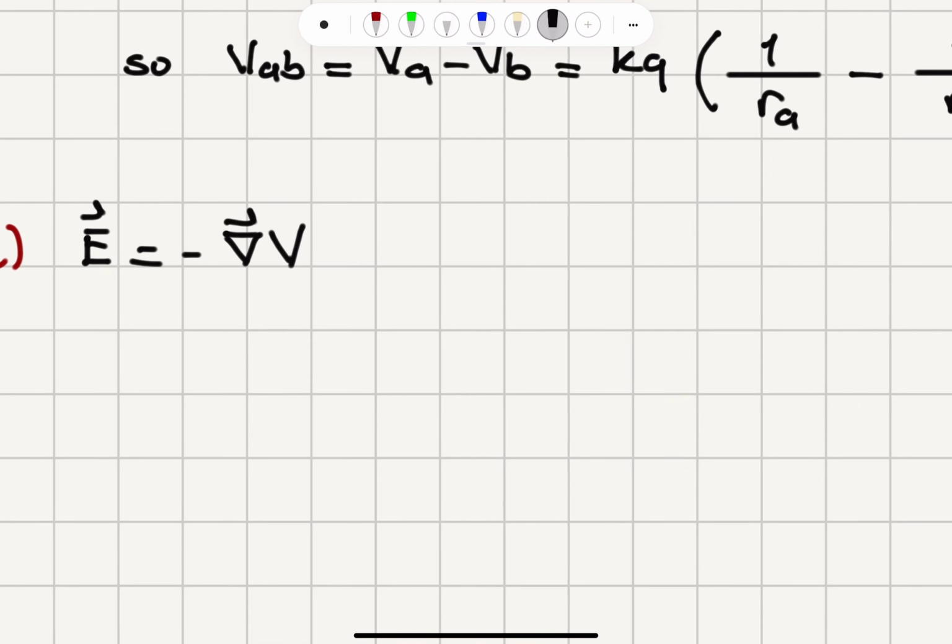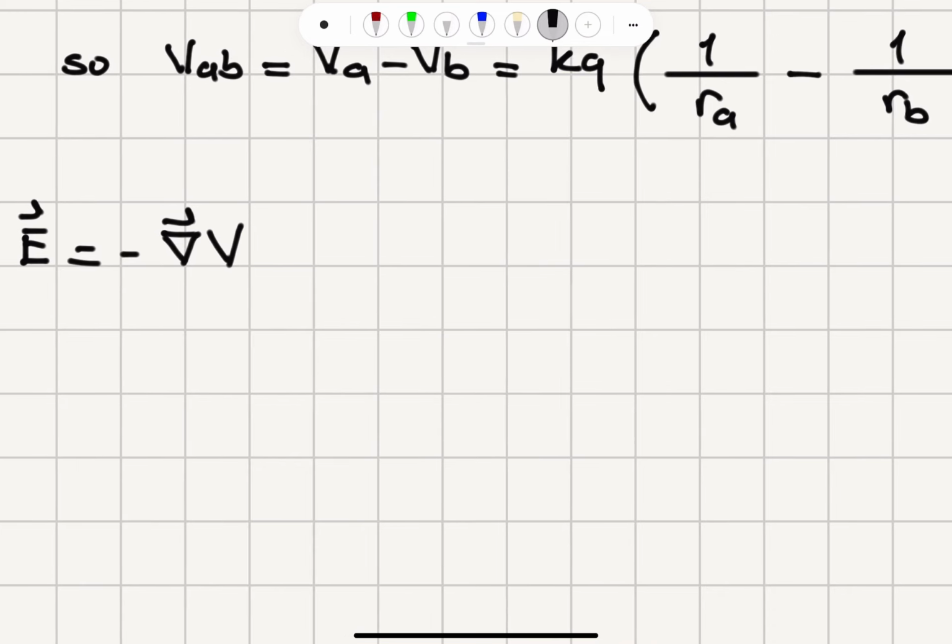And we have the result from part A, so we're going to substitute that here. So that is minus the gradient of the potential, which is KQ over r minus KQ over r sub b.